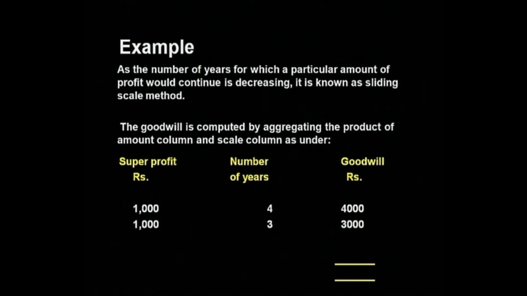In the first case, it is 1000 into 4, 4000, then 1000 into 3, 3000, then 3000 into 2, 6000, 2000 into 1, 2000, and aggregating them, we get the value of goodwill as 15,000. So this is one of the important methods to ascertain the value of goodwill under the super profits method, where a variant of the super profit method known as the sliding scale method is used.